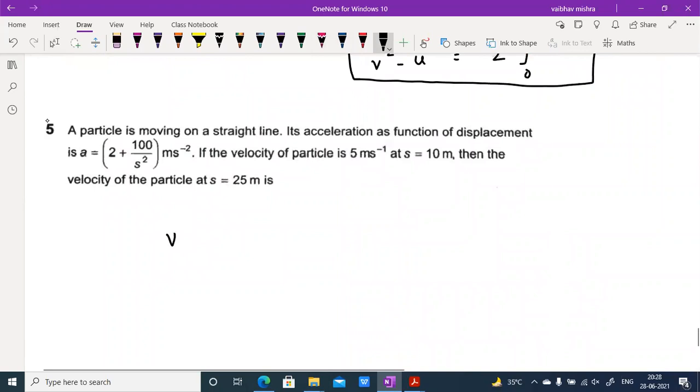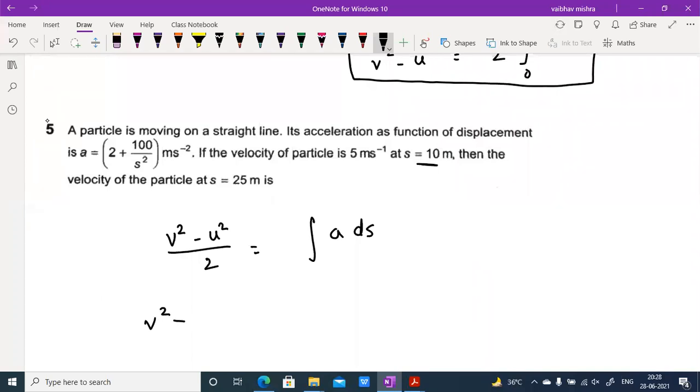So v square minus u square by 2 will be the integration of a. वैसे तो हम dx लिख रहे थे, but यहाँ पे क्योंकि s given है, we'll write this as integration of a ds. Now, in this case, particle is not starting from s equal to 0. It is starting at s equals to 10.